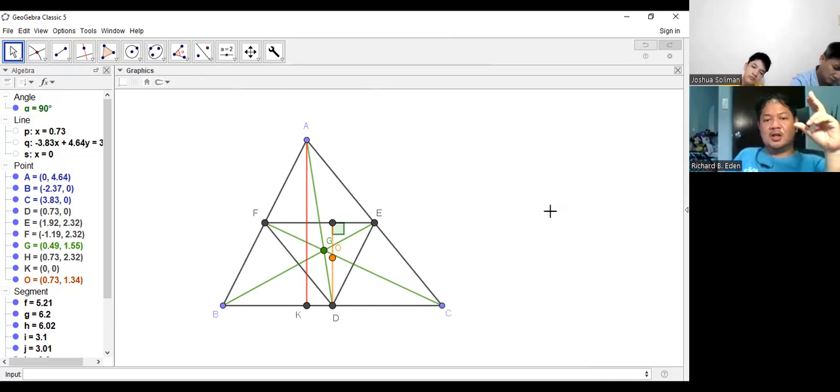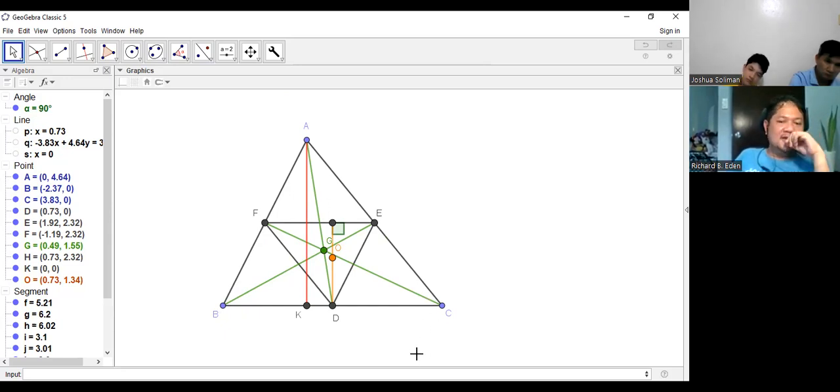So of course, it's kind of obvious that the orange segment is half the length of the red segment kasi if you imagine the side BC as horizontal, then the medial line FE is also horizontal halfway through from the base going up to the vertex A. So orange segment is half the length of the red segment.